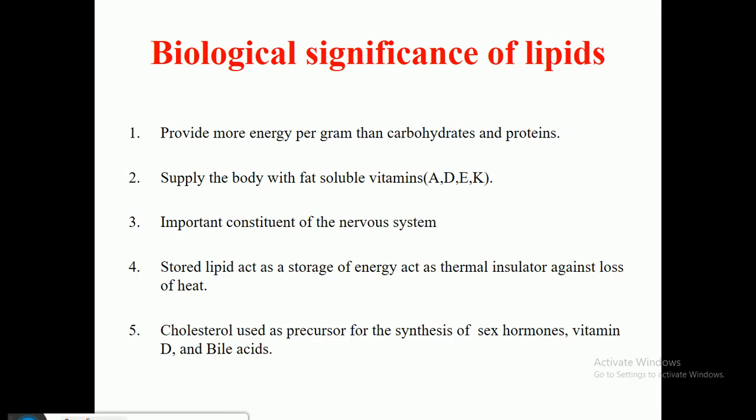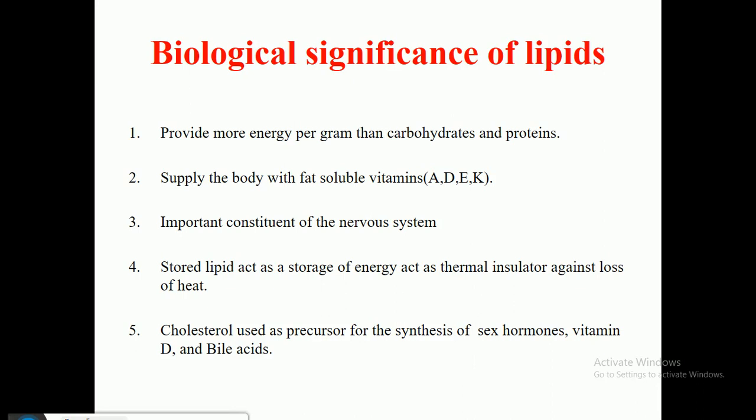If 1 gram of fat is utilized, it contains 9.1 kilocalories of energy. So lipids provide more energy per gram than carbohydrates and proteins.